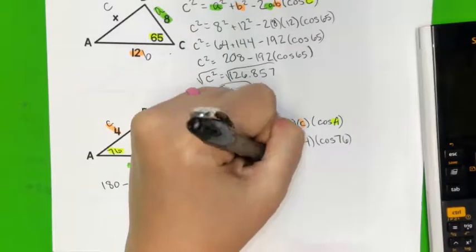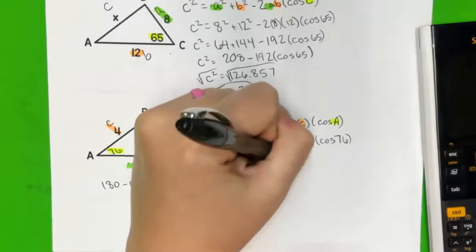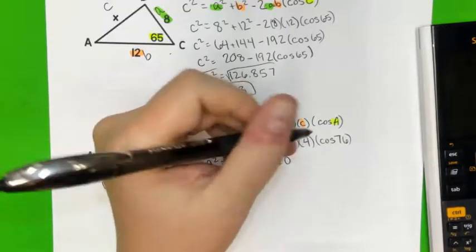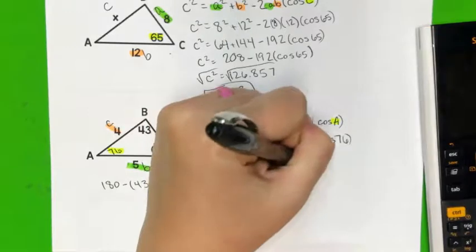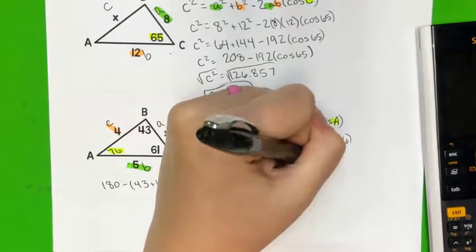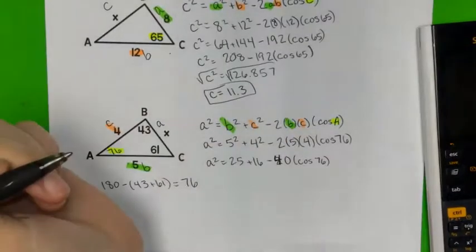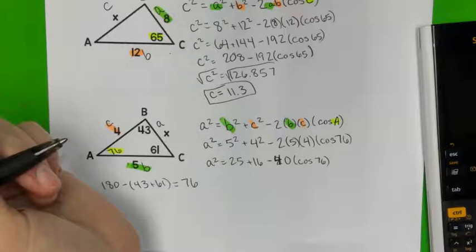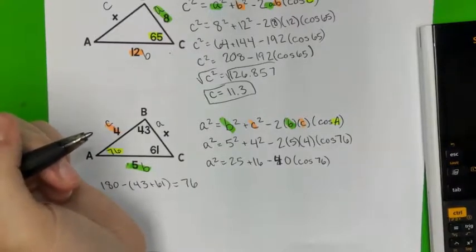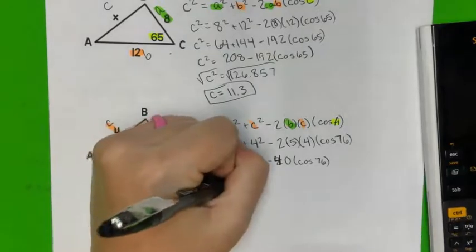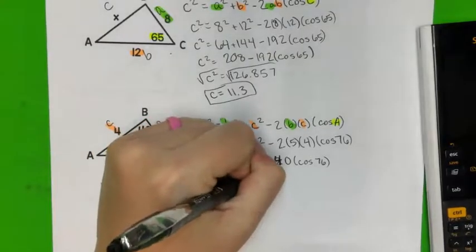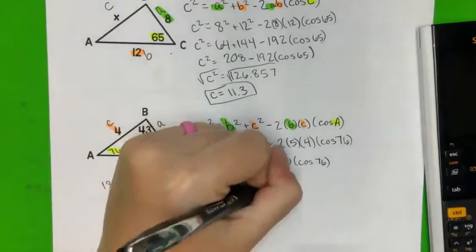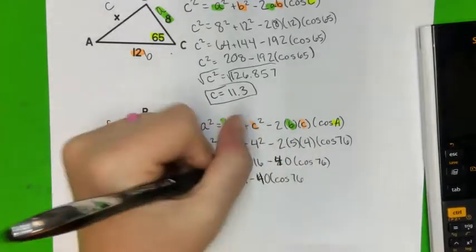minus 40 times cosine of 76. Alright, so that's 41 minus 40 times cosine of 76.